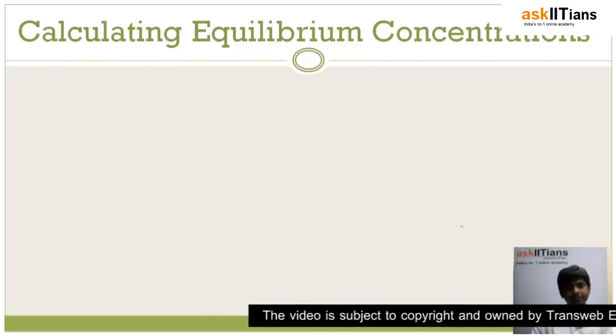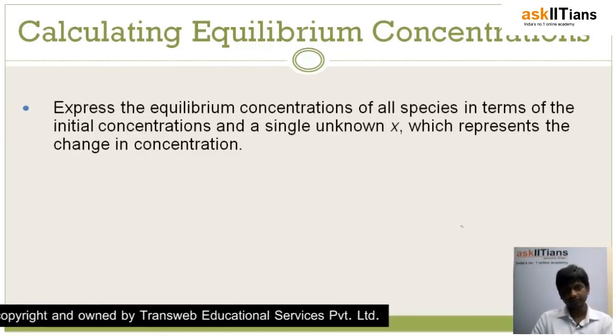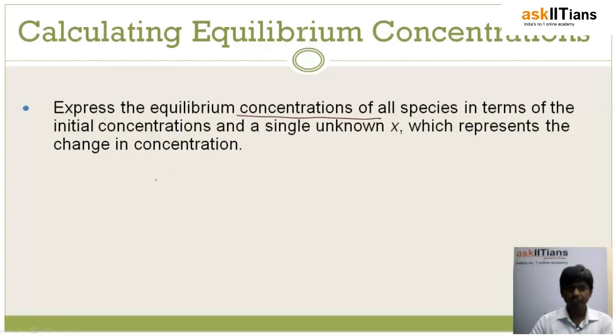Now let us see the points you must keep in mind. The first point is to express the equilibrium concentrations of all species in terms of the initial concentration and a single unknown x, which is the change in concentration, like we did for bromine. Atomic bromine was the initial concentration plus 2x, while molecular bromine was the initial concentration minus x.